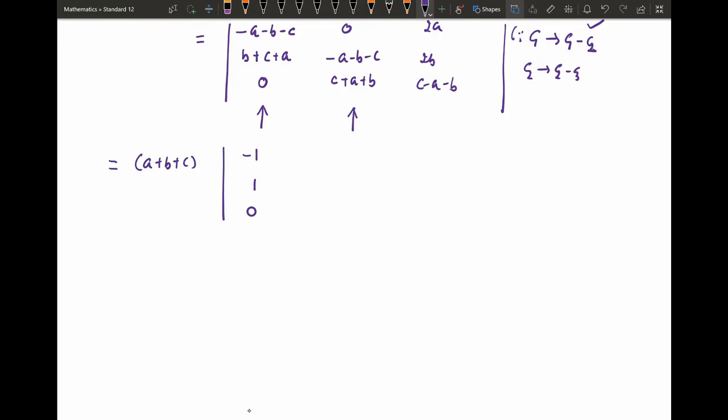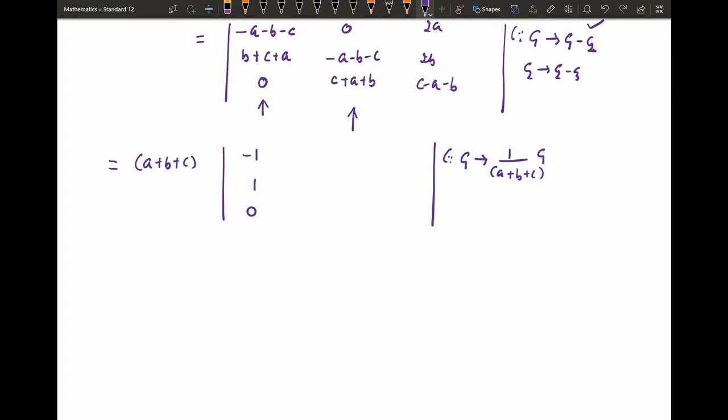You can observe here from first column we have taken A plus B plus C common, and symbolically we denote C1 to 1 upon A plus B plus C of C1, taking A plus B plus C common from first.